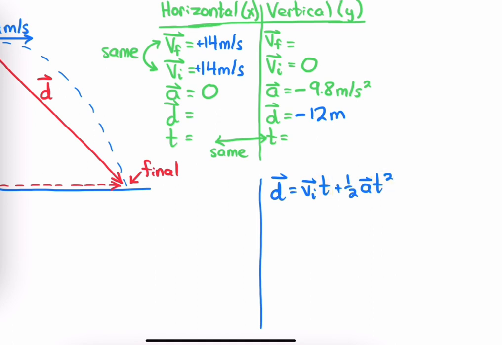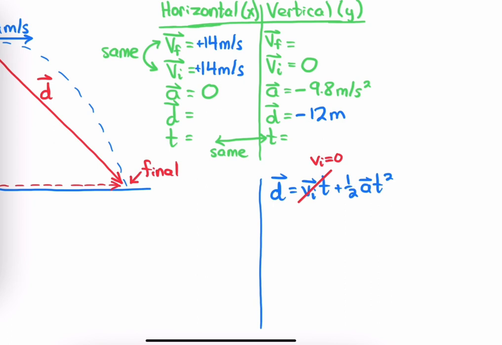However, in this particular problem, because vi is 0, down here in the equation where I have vi times t, it doesn't matter what t is because I'm multiplying it by 0. That whole thing I've highlighted is going to be 0. So this goes away because vi equals 0.